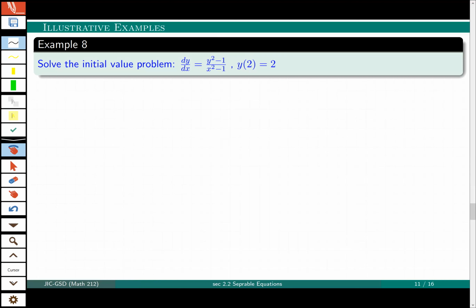We need to multiply by cross multiplication to separate. It will be x squared minus 1 times dy equal to y squared minus 1 times dx.